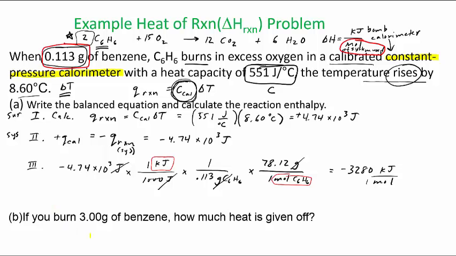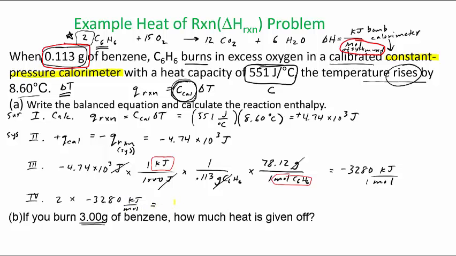Okay, so in part B, it says if you burn 3 grams of benzene, how much heat is given off. So in step 3, we need to actually double this number to make it per 2 moles of benzene. This was actually step 4 from the tutorial. So it's 2 times negative 3,280.